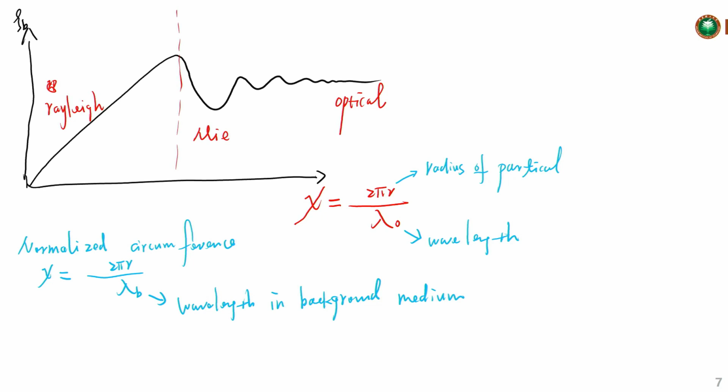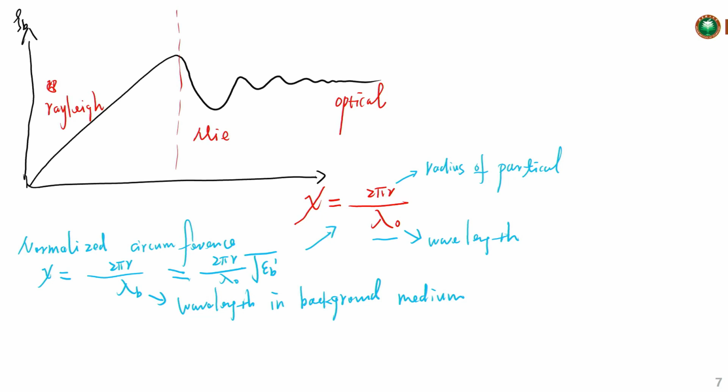I think you guys know, for the hydrometers, the background is just air, right? So the lambda b can equal lambda naught, the wavelength in vacuum, right? It can be further represented as 2 pi r over lambda naught times square root epsilon b prime. So for air, epsilon b prime roughly equals 1. All right, so it is related to this expression for air.